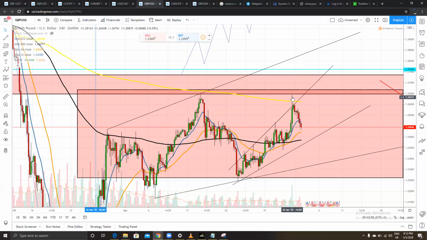But that weakness, the failure for us to have another higher high than the previous one, is bringing in some kind of weakness at the back of this price, and I can see the possibility of this move declining down into all this area, making a decision over here whether I want to go up or down, and then possibly coming back down to this area.